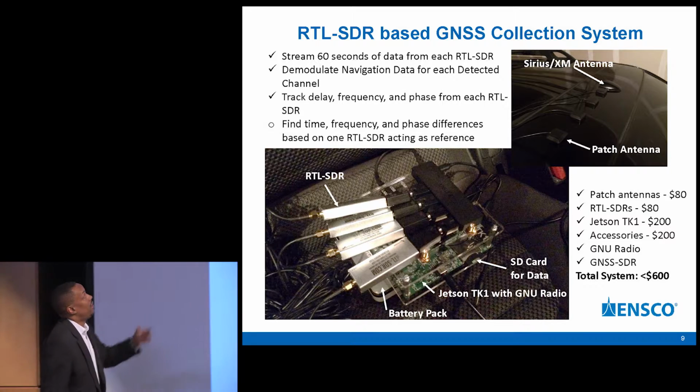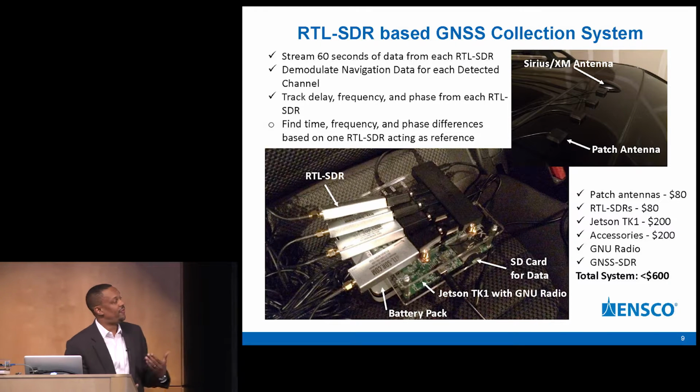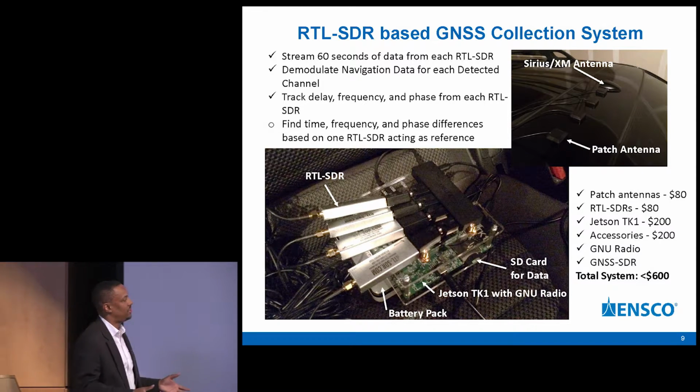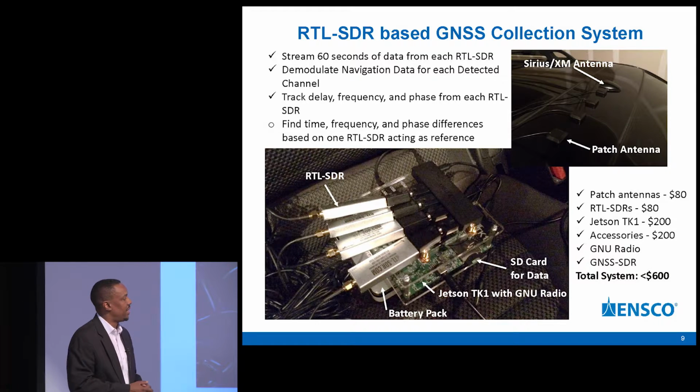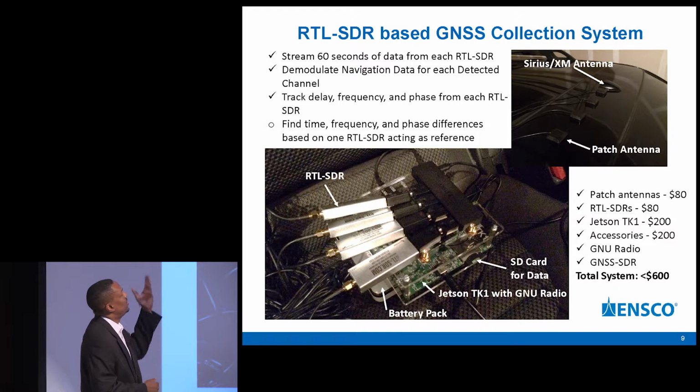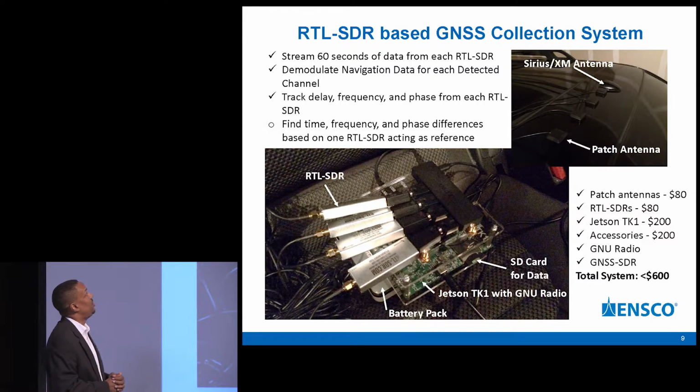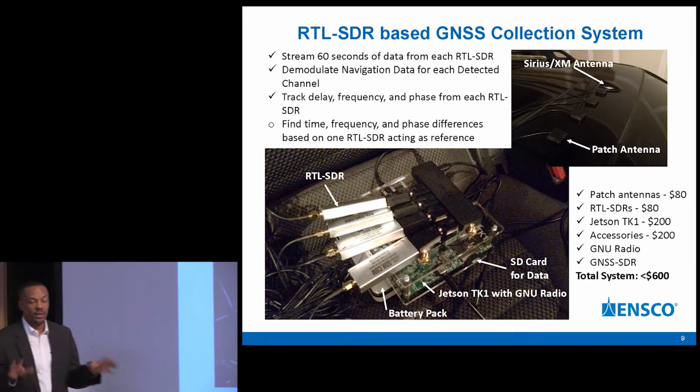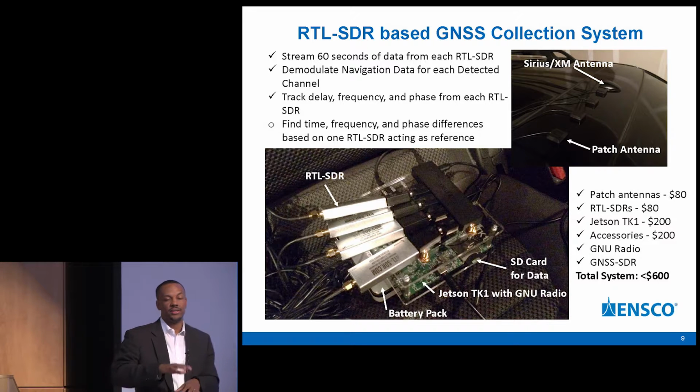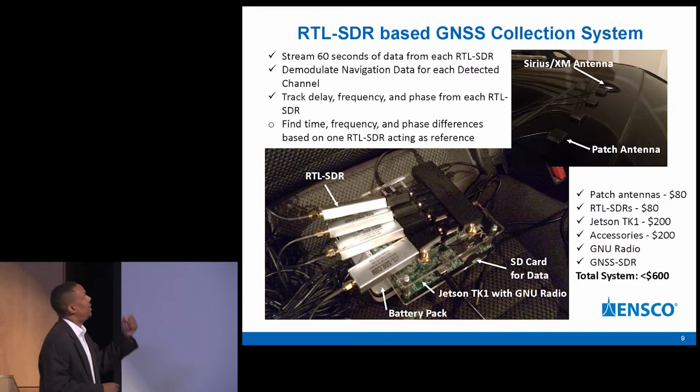So this is a system that I had set up. I collected data. One of the key things was I wanted to be able to stream 4 RTL-SDRs at the same time, and I was able to do that for 60 seconds via the NVIDIA. I wanted to be able to demod the navigation data for each channel that's detected. Normally when you think about GPS, the channels correspond to the satellites that are available to you. And then I wanted to be able to track delay, frequency, and phase from each one.